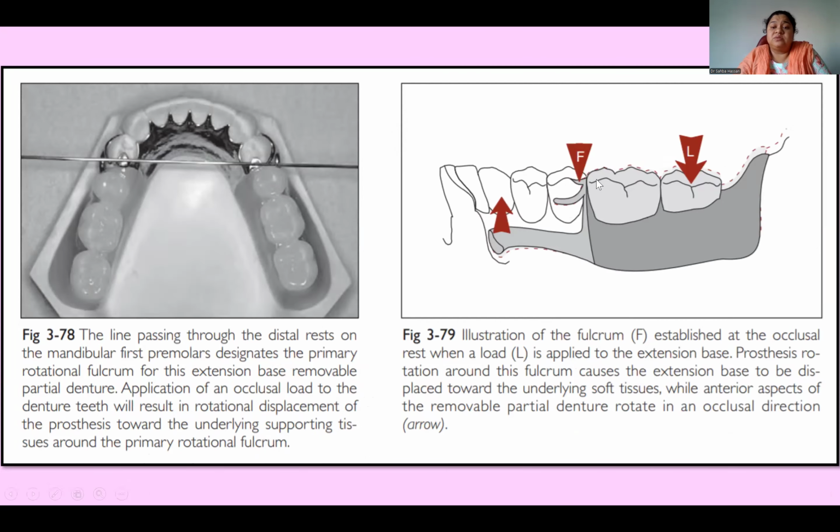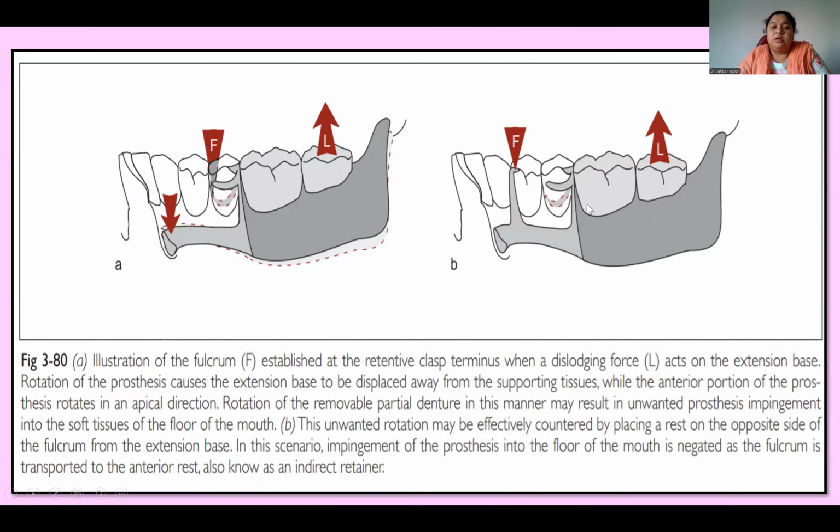See, here the fulcrum is in the center, but in the next picture we take the fulcrum away. Illustration of the fulcrum established at the retentive clasp terminus when the dislodging force acts on the extension base. Rotation of the prosthesis causes the extension base to be displaced away from the supporting tissues, while the anterior portion of the prosthesis rotates in an apical direction.